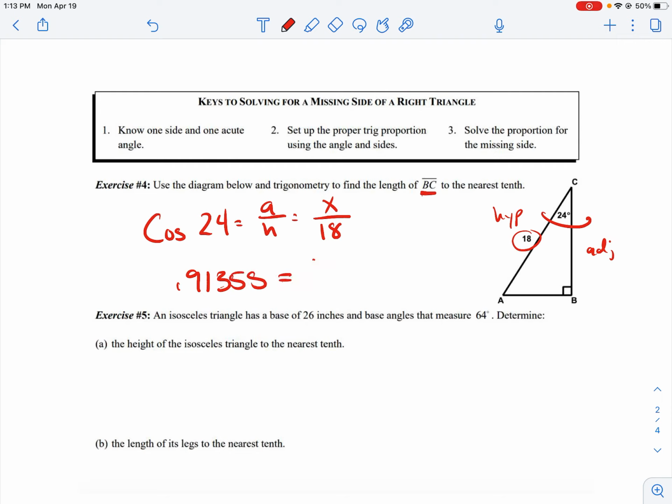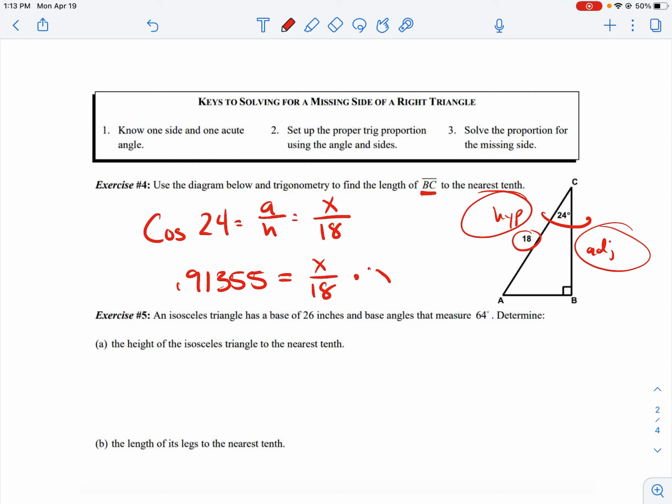This is the ratio you get when you have a right triangle with an acute angle of 24. The ratio created by this side and this side here will always be what you see there, 0.91355. So we have to find what number will make this statement true.